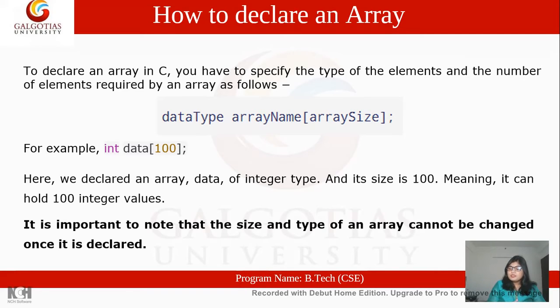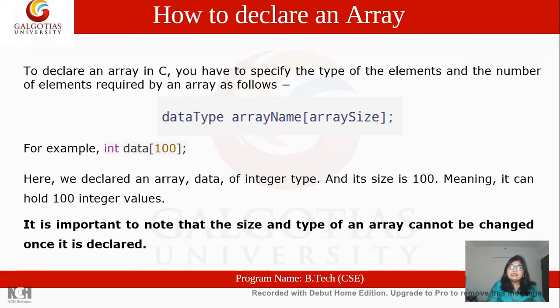So the syntax is first write the data type, then write the name, and then inside the braces write the number of elements. For example, I have written int data and in the braces 100.